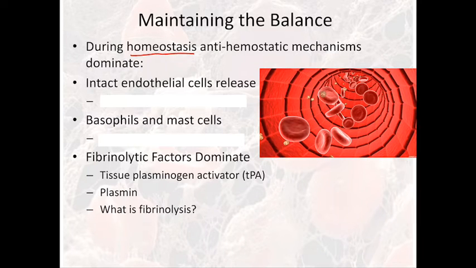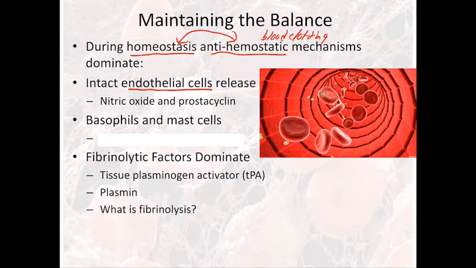This is just a homeostasis period in the blood. We have what are called anti-hemostatic mechanisms that are dominating. This is a different word. Homeostasis and hemostatic are two different words, right? Hemostatic means blood clotting. So during homeostasis, anti-hemostatic mechanisms dominate, and those anti-hemostatic mechanisms are those intact endothelial cells.